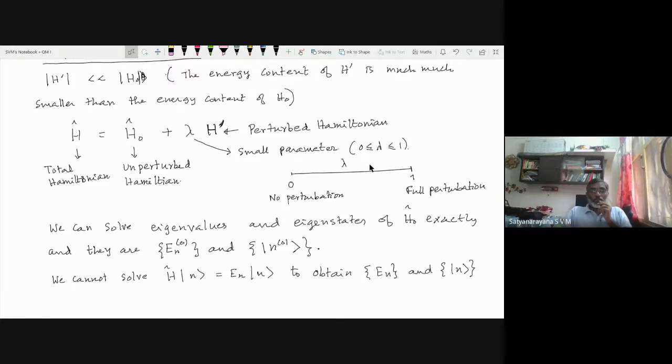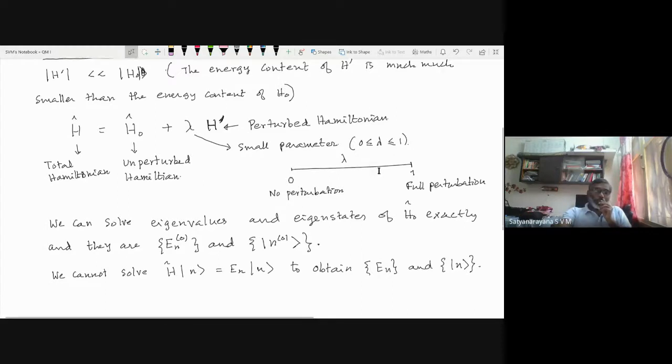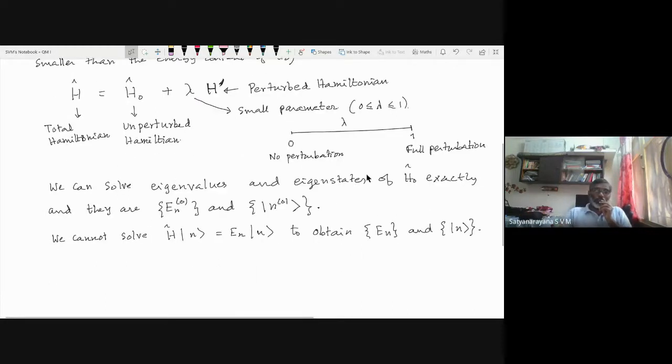This is something which we cannot solve. What perturbation theory does is try to get approximate values of this E_n and |n>, given the unperturbed eigenvalues and eigenstates.